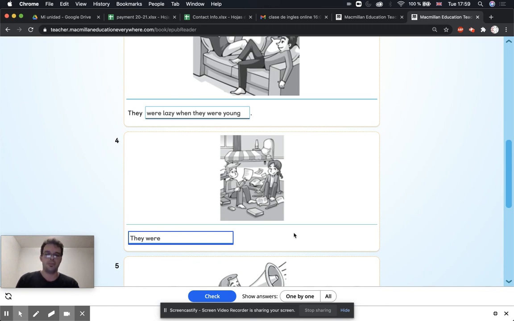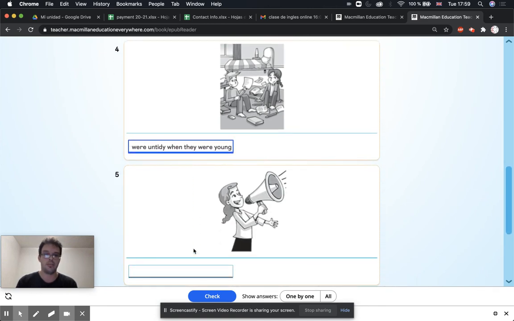They were untidy when they were young. They were untidy when they were young. Si no tienes espacio para escribir todo en el libro, puedes escribir en la libreta también. Okay? Make sure you have it correct. They were untidy when they were young.